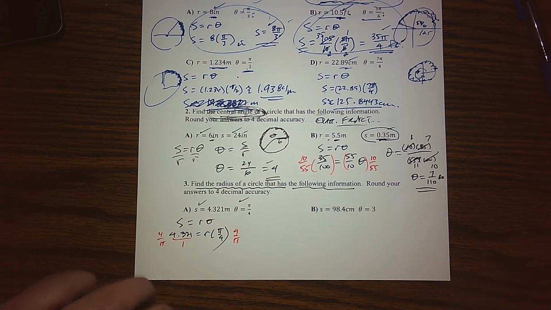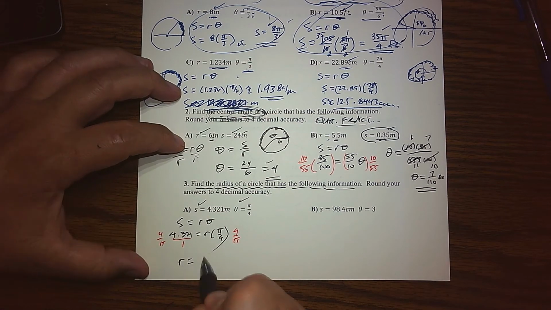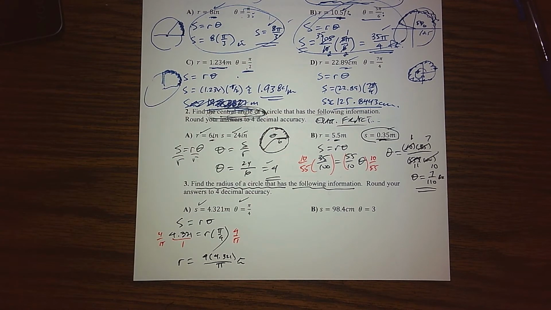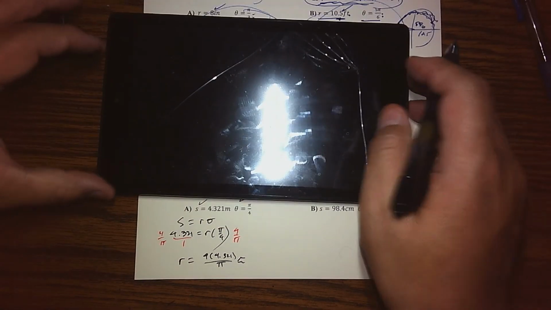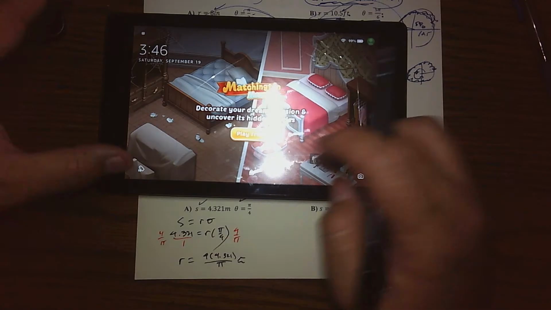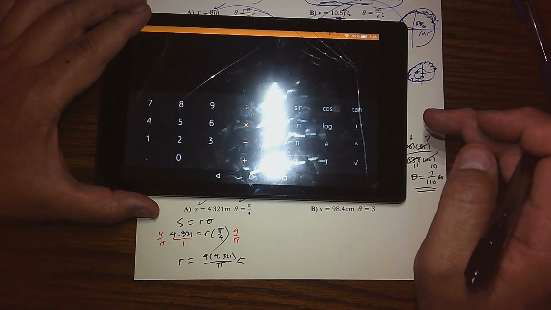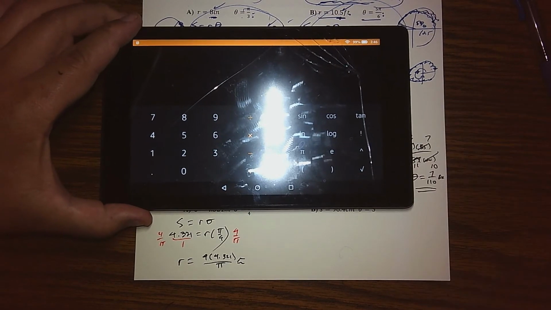And so we end up getting that the radius in this case is 4 times 4.321 all over pi. There's actually an exact answer, but let's turn to something where we can calculate that out and get a decimal. Okay, and let me clear that out.